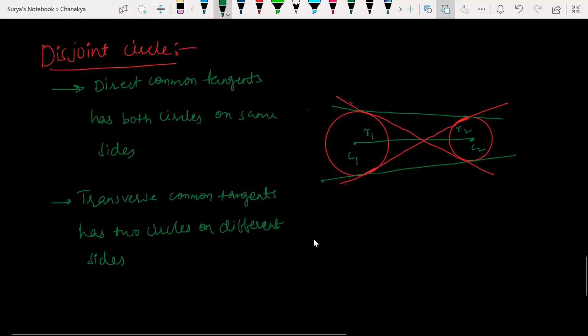So direct common tangent has both circles on same sides. Transverse common tangent has two circles on different sides.